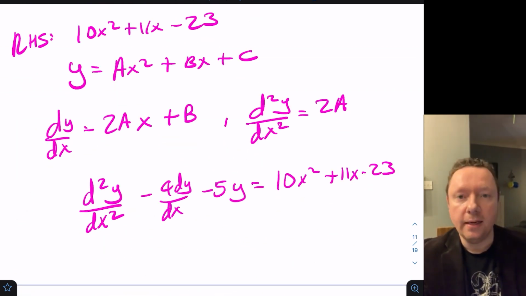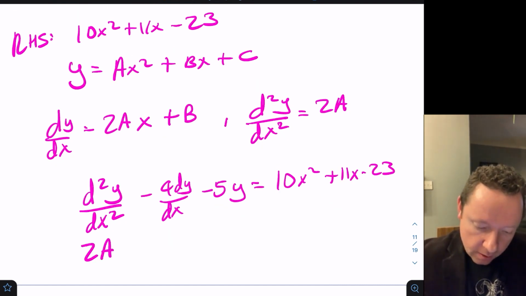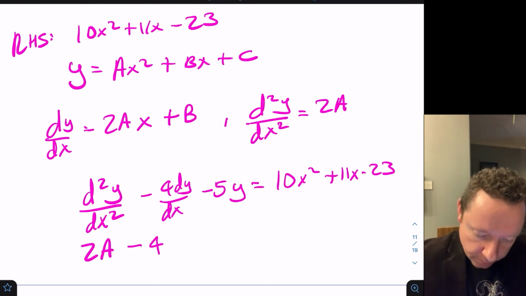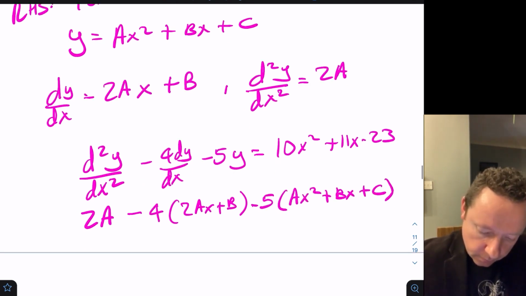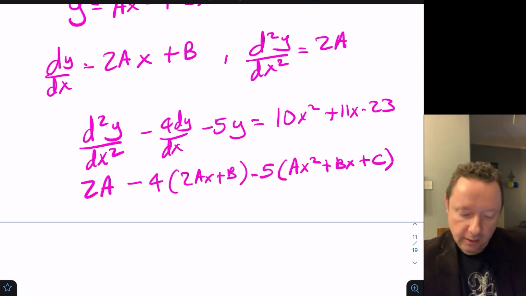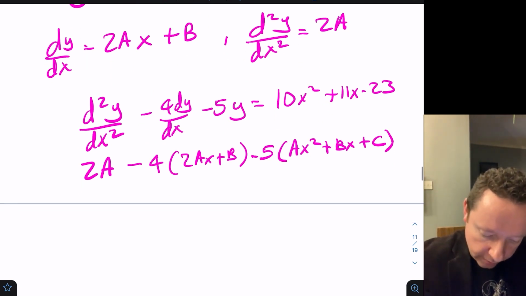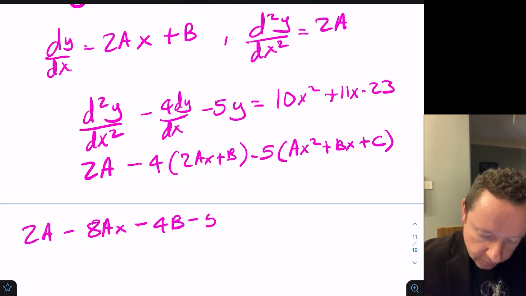So d2y by dx squared is 2a, minus 4 times 2ax plus b, and then minus 5 times ax squared plus bx plus c, and that equals our right hand side, but let's just tidy that up. That gives us 2a minus 4 2's are 8ax minus 4b minus 5ax squared minus 5bx minus 5c.